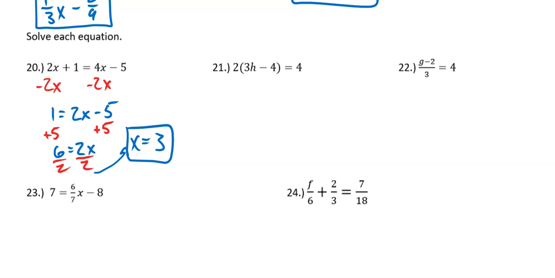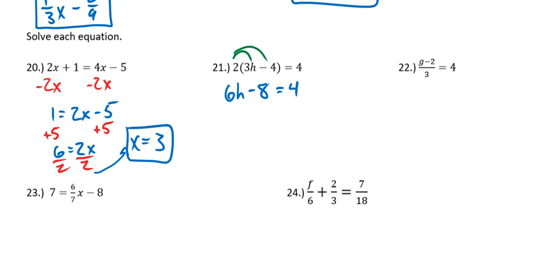If I look at the next one, again, I want to solve this. And one of the easier ways to do this, I could just go right to following order of operations, but most of us are going to feel comfortable simplifying first. So I'm going to simplify by doing my distributive property, and then I'll start solving. So I'm not even solving yet, I'm just simplifying. So I simplify by doing the distributive property.